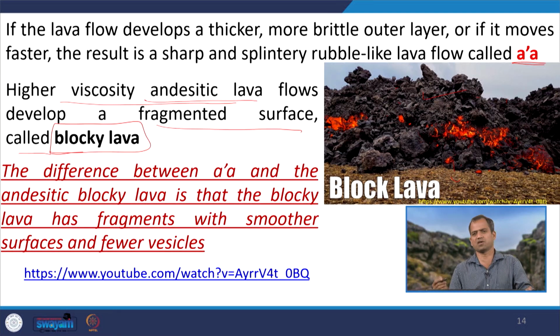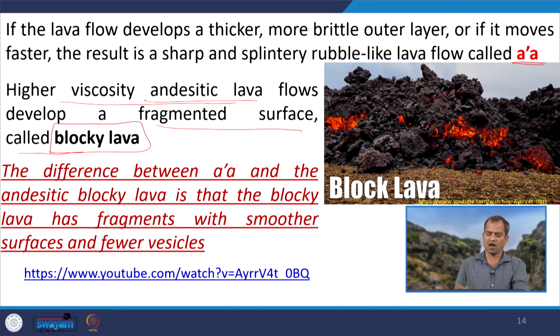You can compare it similarly. In a hot environment, the lava flowing on the surface solidifies into blocks, and those blocks are transported by this bulldozing effect of the magma or lava on the surface.